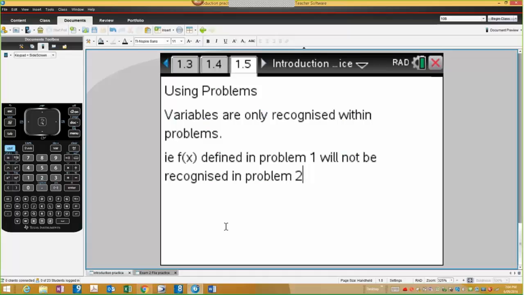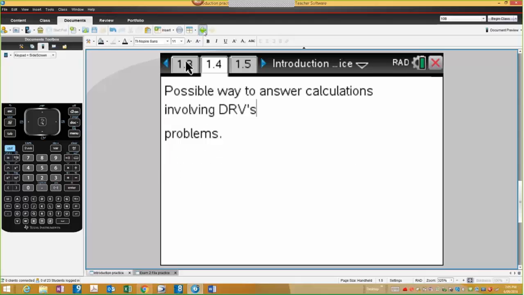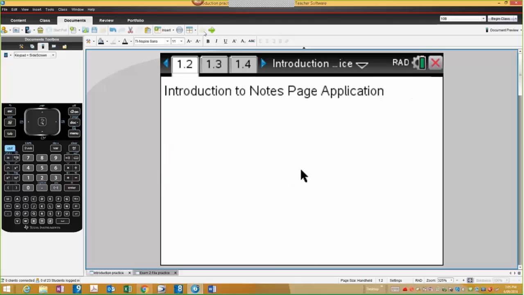Tonight, first of all, I'll go through an introduction on how the notes pages can be used and set up, and then show you some of the things my students are doing in class at this time of year when they're practicing for exam 2. If you give me a little bit, I'll just go to the very start of this file. I should have had this up and running before.